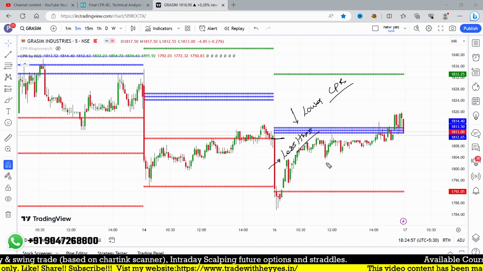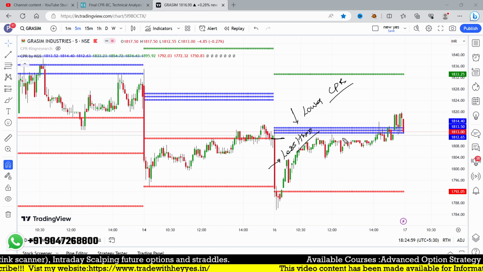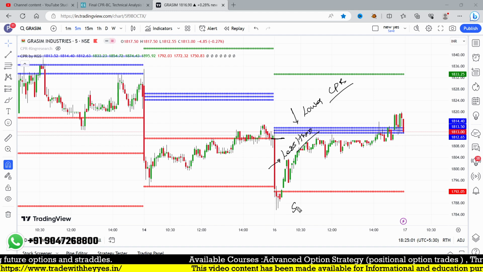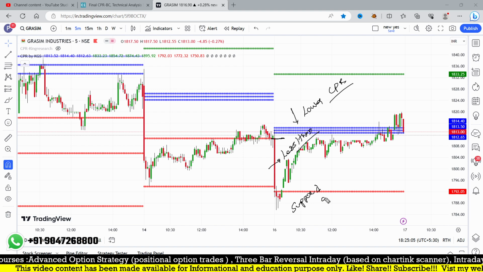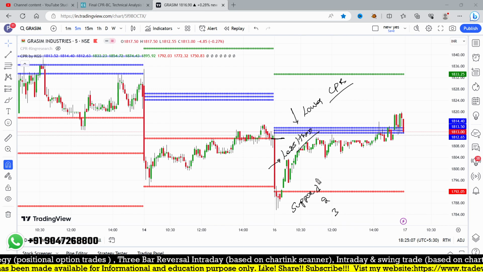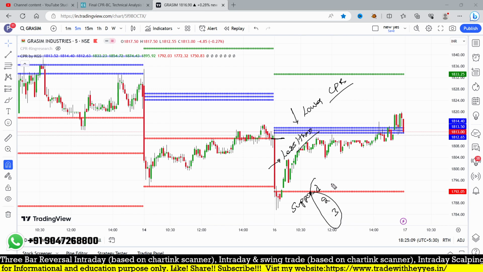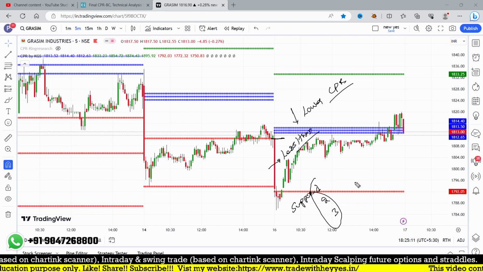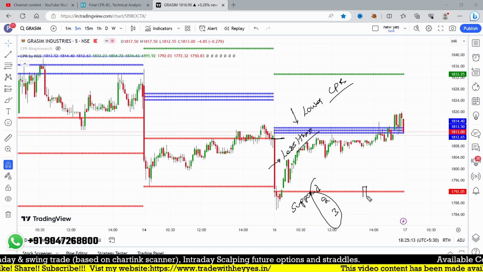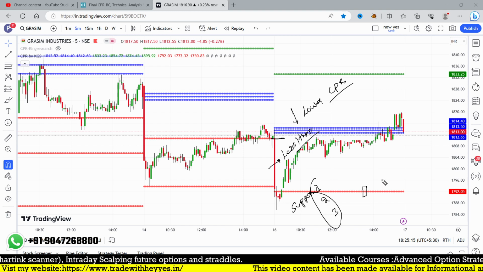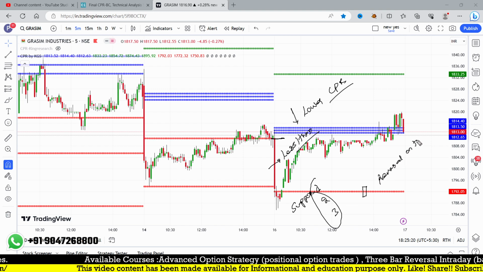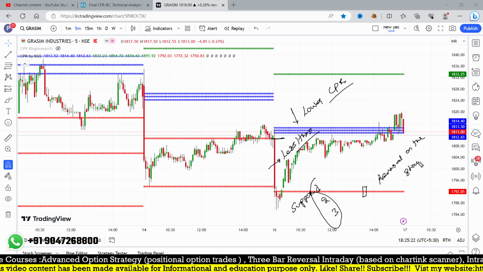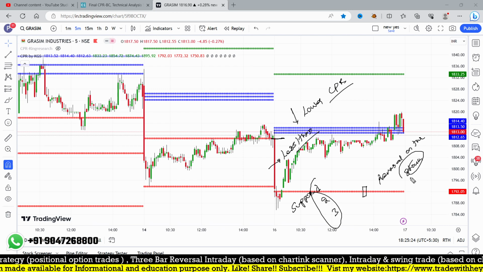It must be a retracement, or it must be taken as support 1, or even other supports like support 2 or 3. I already told you about the Camarilla scanner, it is the same. If the stock closes on this level, I'm looking for a reversal on this stock. That is my condition.